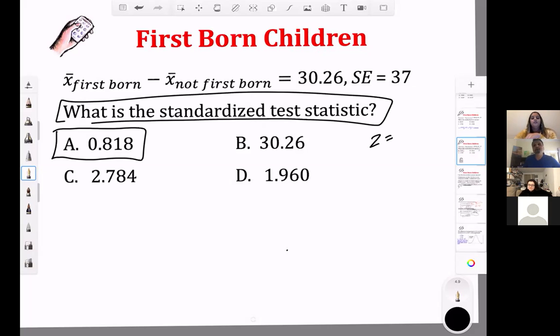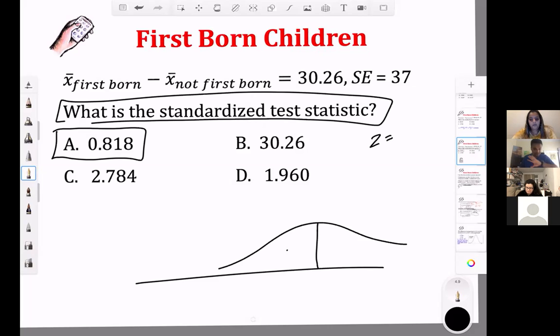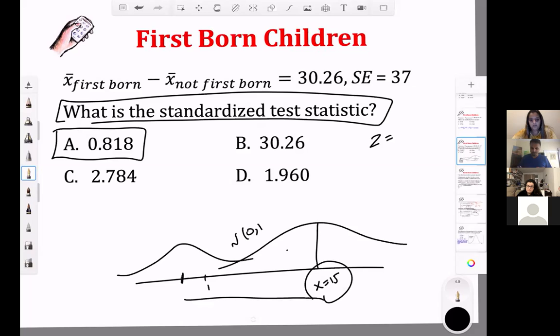Even though it's not saying straight up Z score, when it says standardized test statistic, that's the Z score. Because we're going to standardize the data. If the mean is, for example, 15, we're going to move this one to 0 and 1. That's the meaning of standardizing. We're going to use N(0, 1).